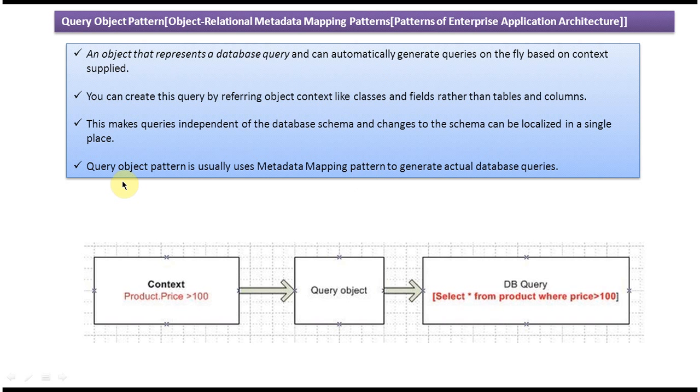So the fourth point is, the query object pattern usually uses the metadata mapping pattern to generate actual database queries. So this query object pattern works along with the metadata mapping pattern to generate actual database queries. Please watch the metadata mapping pattern video which I created separately.